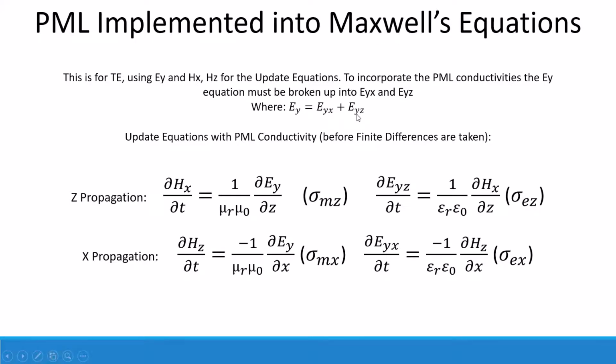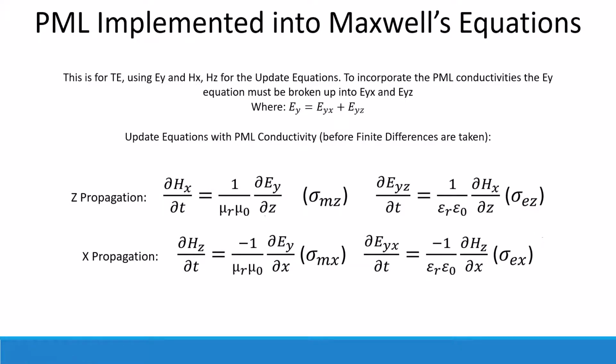So the equations here are expanded from the curl equations, and these are the four update equations used in the FDTD simulation. We have two for the Z propagation and two for the X, and as you can see, we have four separate conductivity values, each relating to a specific update equation. So we'll need to define all four of these conductivities in order to introduce the conductivity in the PML region.